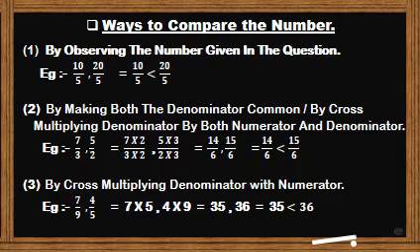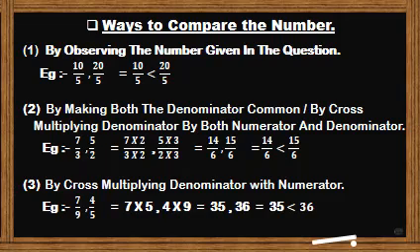Now our third one is by cross multiplying denominator and numerator. This is used when both denominators can't be converted. Here the example is 7 upon 9 and 4 upon 5. We can't convert 5 into 9. Can we?